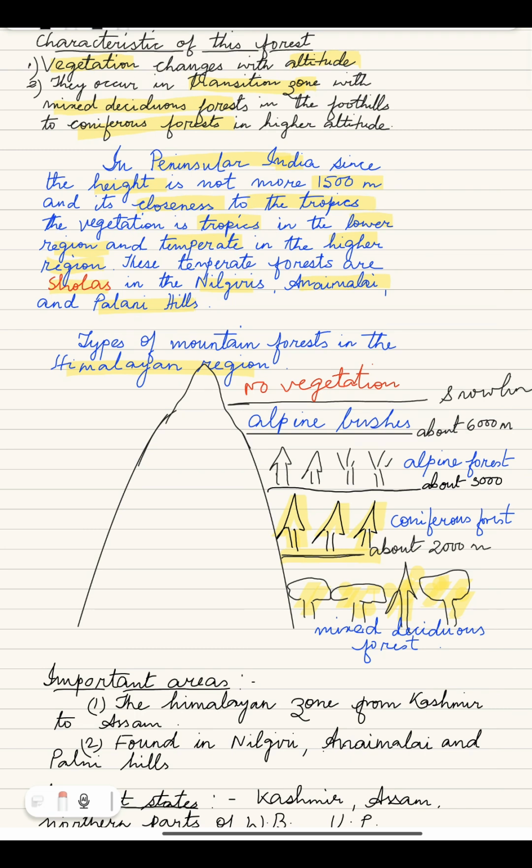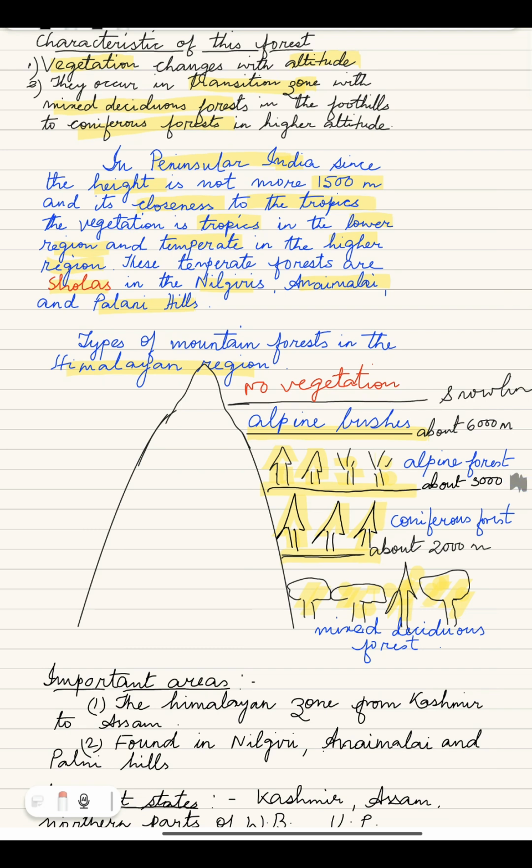When we go still up, that is above 3000 meters, we will see that the height of the coniferous forest decreases. They become shorter. And we may have few alpine bushes also. If you go above 6000 meters, you will see that only alpine bush is there.